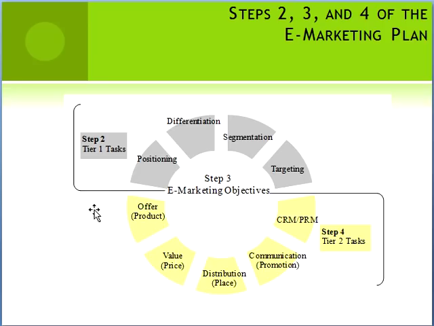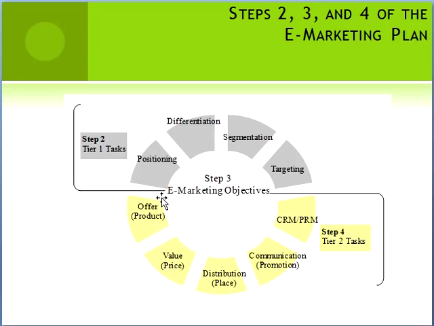And now we are going to be covering this step number 4 of the marketing plan. This is part of the e-marketing plan, which, as you notice, is part of the marketing mix, which is the product, price, place, and promotion.